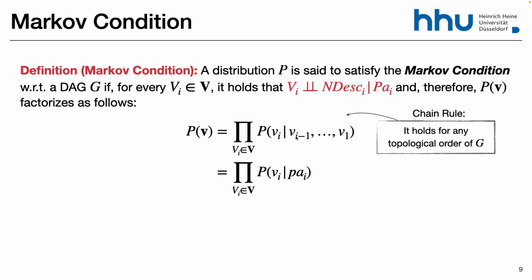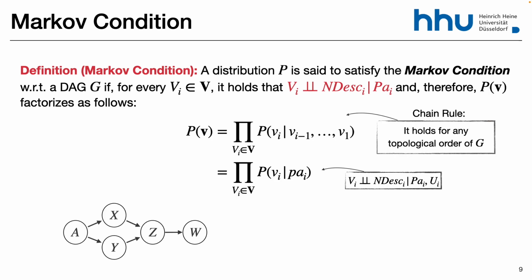So Vi is independent of everything that's not a parent given the parents. Everything that came before and is not a parent is a non-descendant; descendants come after. So I'm using this condition from this line to this line, and simplifying. Using it, I am showing the most simplified way of factorizing the joint probability distribution PV.